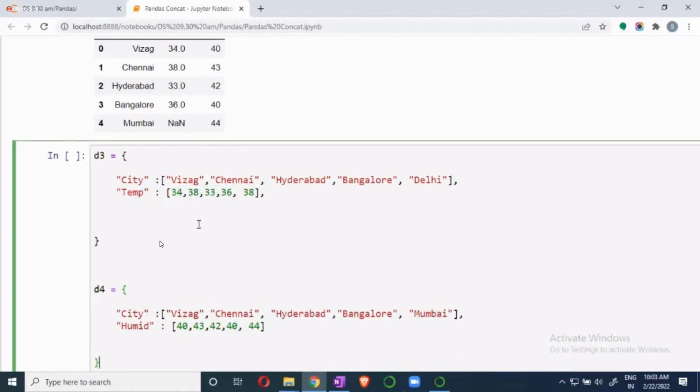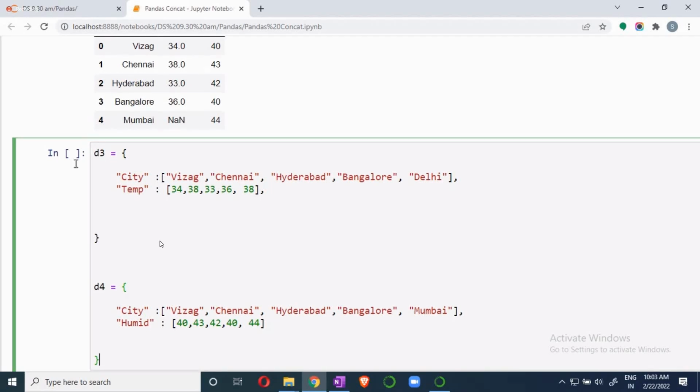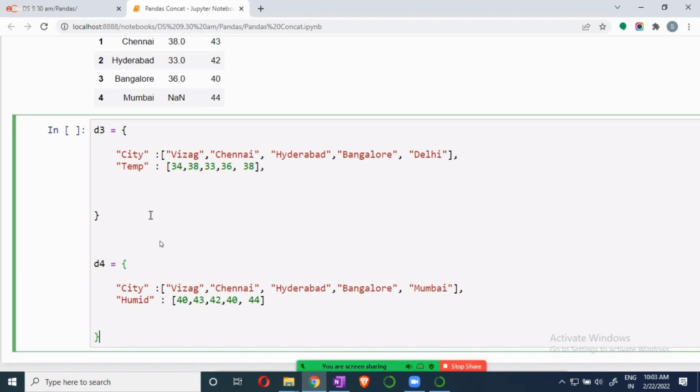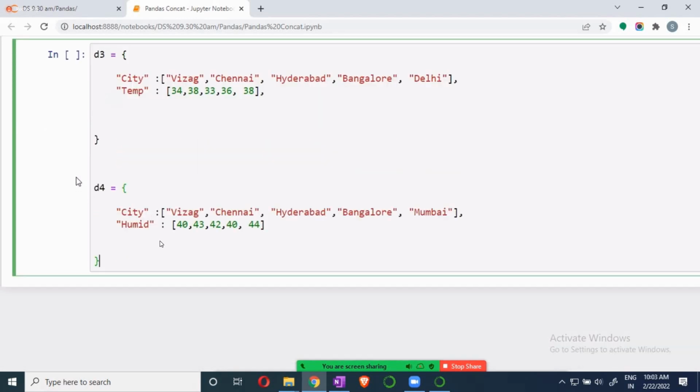Column labels is axis equals to 0, index is axis equals to 1. Now in this case, how will the merge work? With a common column, it will be merging. If there is no common column... I'll take it as city over here, and here I will take it as no common values at all.